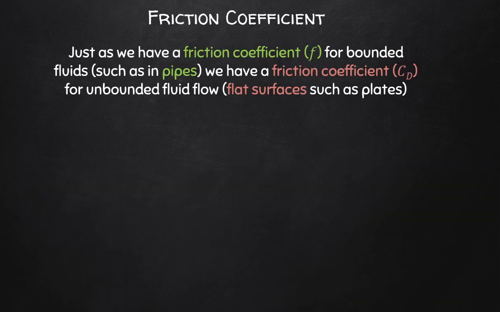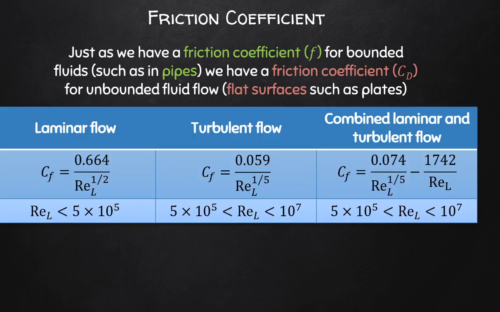And as with piping, we also use a few equations to determine the friction factor, F prime or CD, based on the flow regime. In the prescribed textbook, you will find the following equations, which may be used to determine the friction coefficient with the respective range of Reynolds numbers for which they apply.